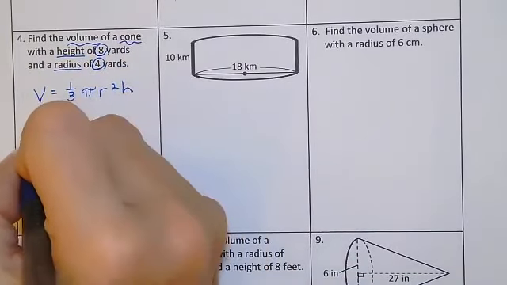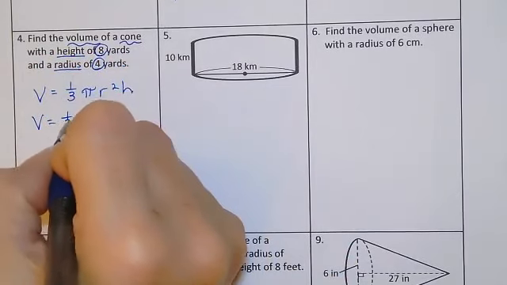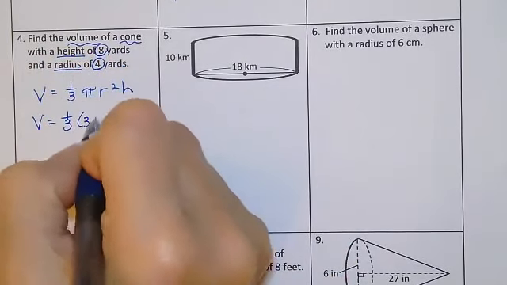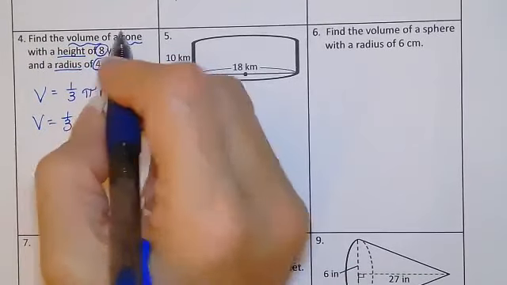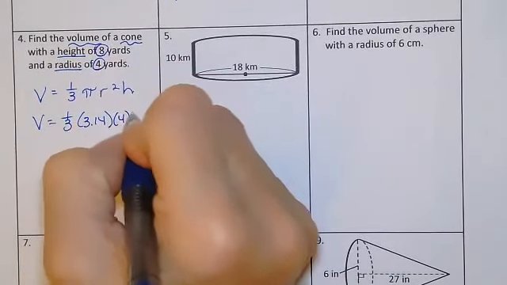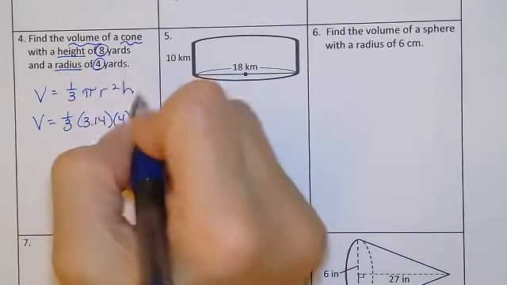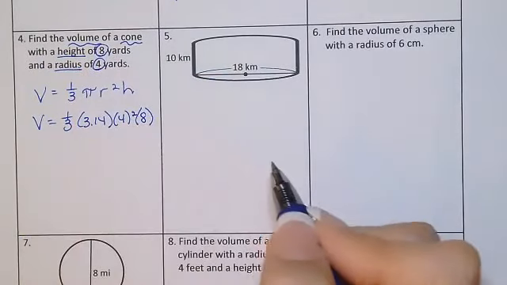And now we substitute. So pi is 3.14. Our radius is 4. And our height is 8.